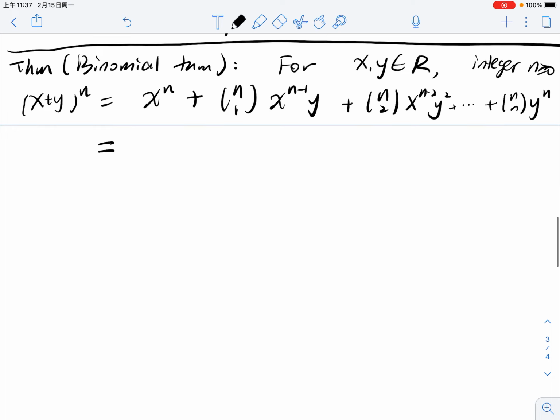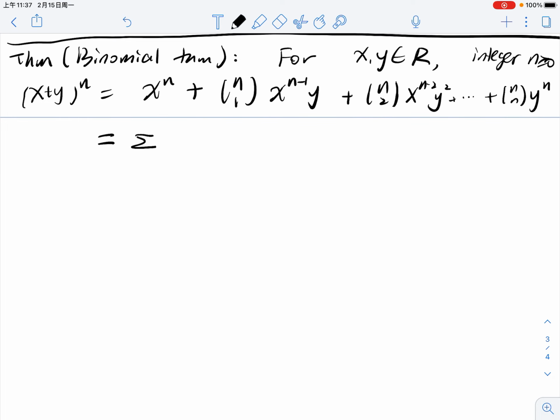And if you want a more concise form, there will be the summation for k from 0 to n of n choose k x to the n minus k times y to the k's power.